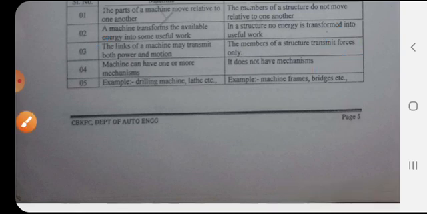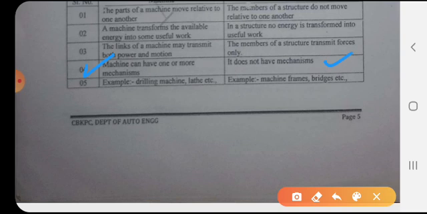Fourth point: a machine can have one or more mechanisms, but a structure does not have a mechanism. Examples of machines are the drilling machine, lathe machine, etc. Examples of structures are machine frames, bridges, etc.